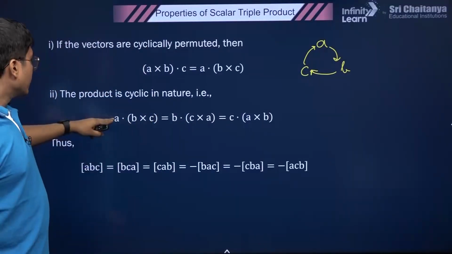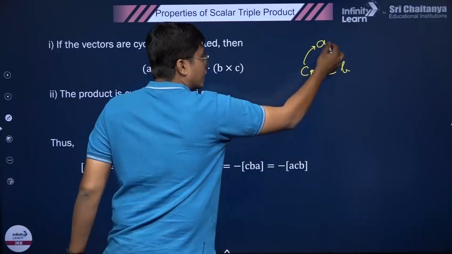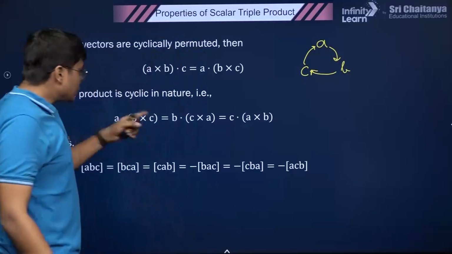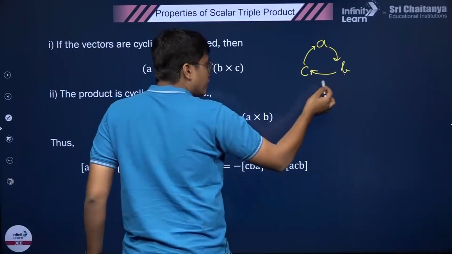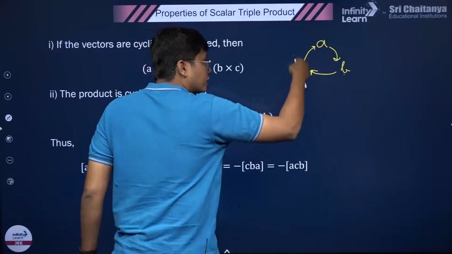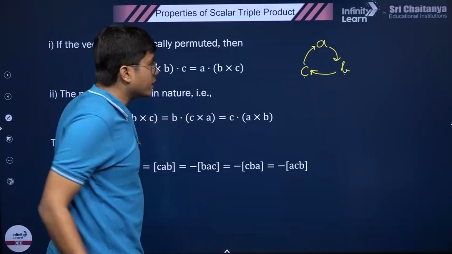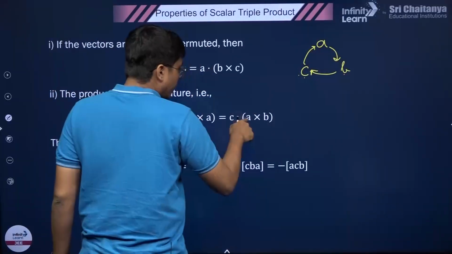Over here, see, you have a dot b cross c in this direction. You start here, go to b, go to c. So you're moving in this direction. That is equal to b dot c cross a. Why? It just means that you're starting here, going to c, then going to a. You're still moving in that same direction. Then you have c dot a cross b. That means you're just starting here, but you're going from c, a, b.